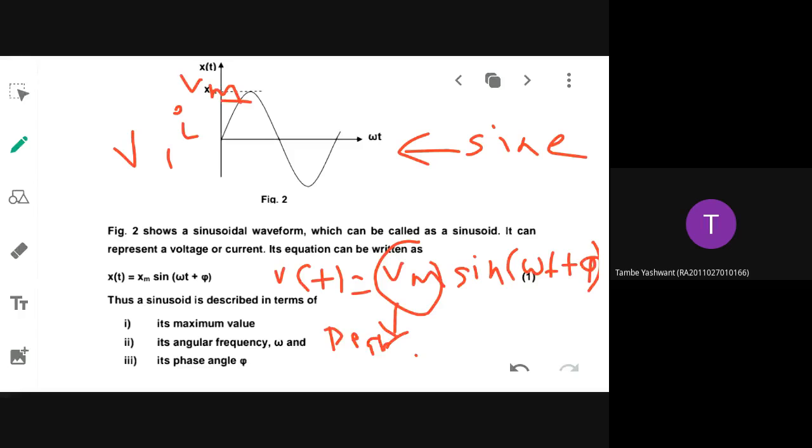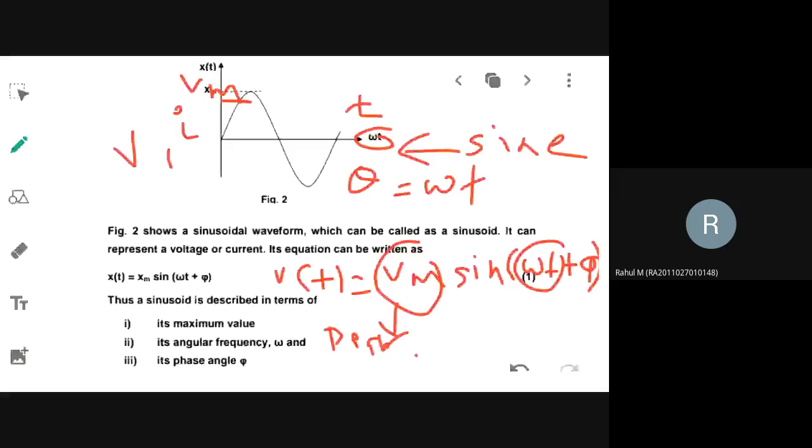And what is omega t? Just now I told you, either you can represent this as t or theta. Not amplitude. Vm is the amplitude. Omega t is this representation. Now you are learning how to express a sinusoidal quantity mathematically, and you want to derive RMS and average value after that.